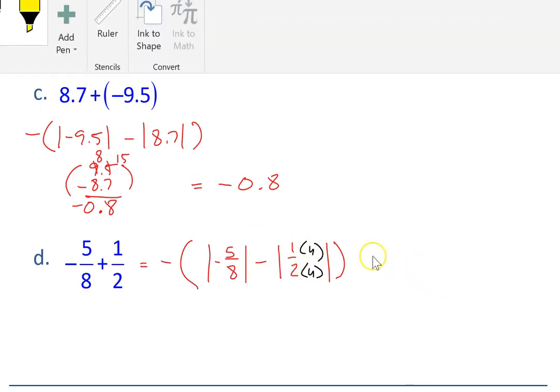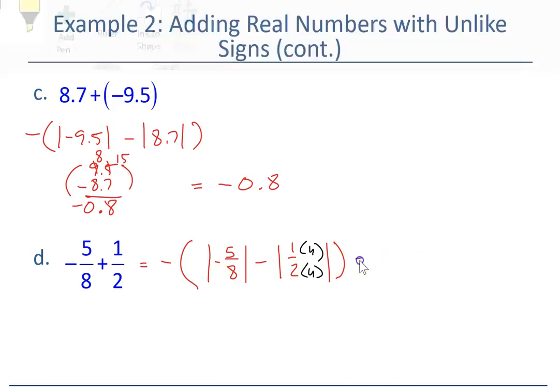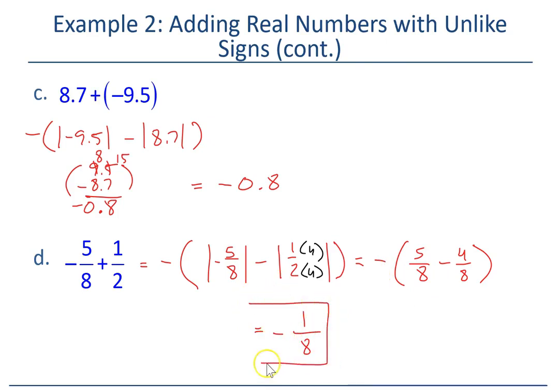Then we've got the absolute value of 5/8, which is, let's put our equal sign, put our negative out here, just going to be 5/8 minus the absolute value, that's going to be 4/8. Well, 5 minus 4 is going to be a 1. Then we keep that denominator there, and don't forget to bring down our negative. And there is our final answer for this one right there.